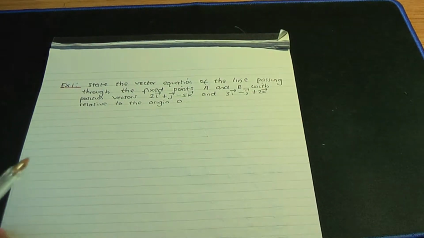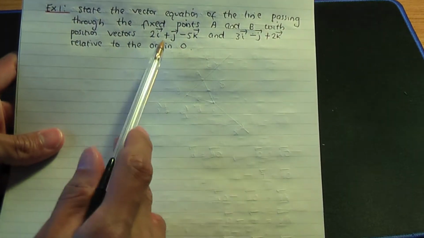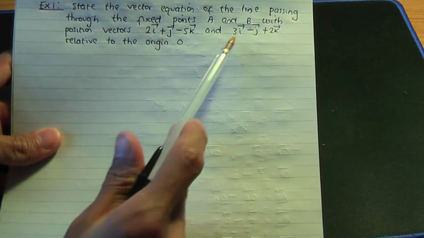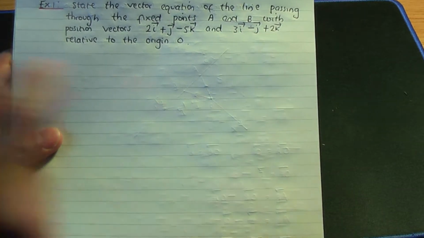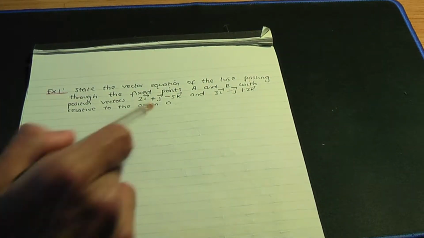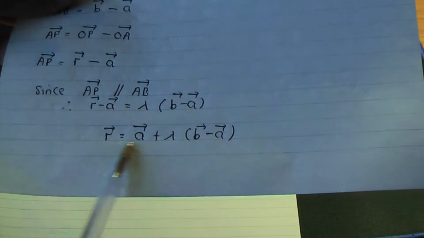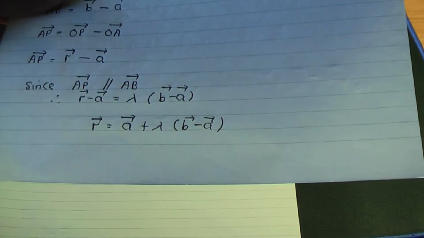In other words, the vector OA is 2i plus j minus 5k. The vector OB is 3i minus j plus 2k. So this line passes through these two fixed points, so we need to use this vector equation of the line result.